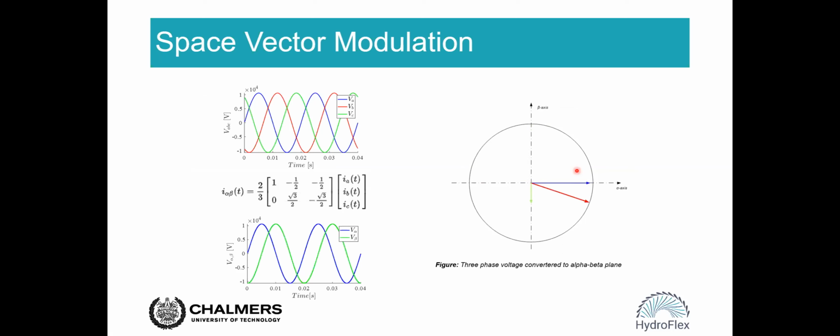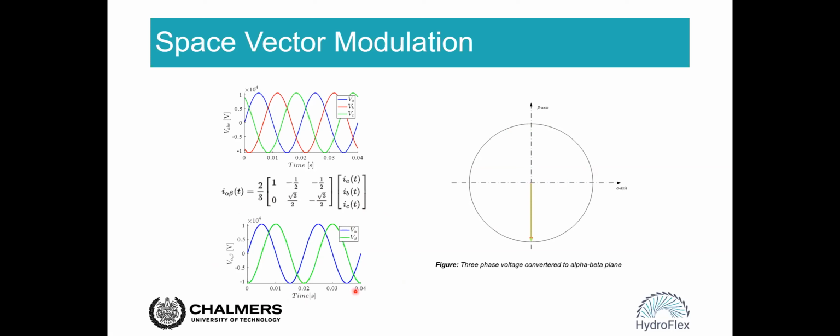Well, let's first introduce the conversion from 3-phase to 2-phase, or alpha beta coordinates. So on the top here is a 3-phase voltage. And if we multiply by this famous transformation matrix, then we can get a 2-phase voltage, which in this case we call voltage alpha and voltage beta.